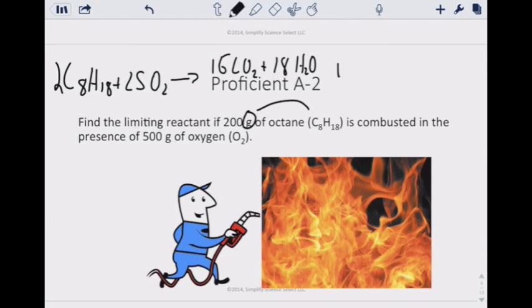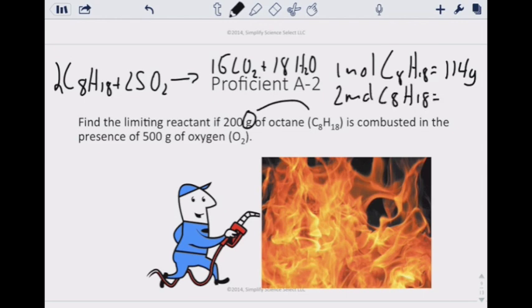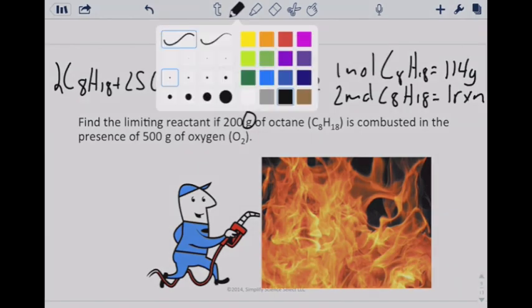So 1 mole of our C8H18 equals our molar mass of right around 114 grams. And then how many moles in a reaction? 2 moles of C8H18 in one reaction.